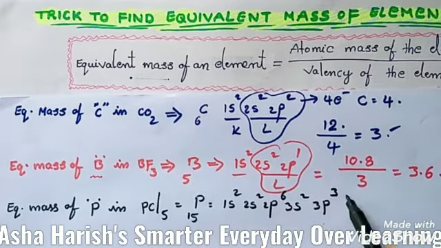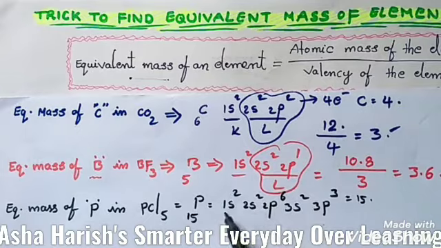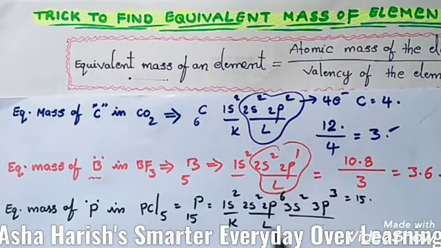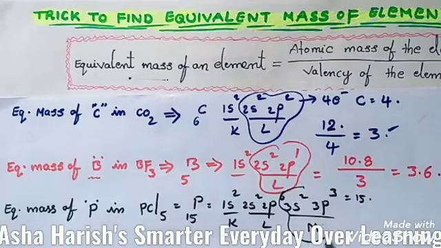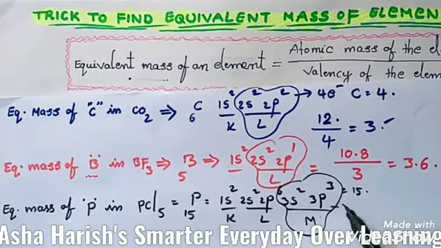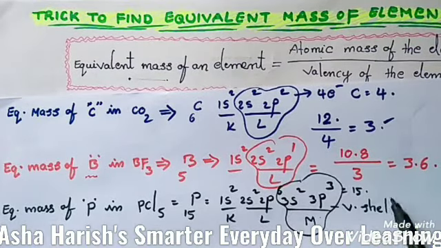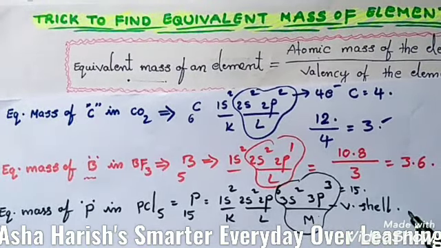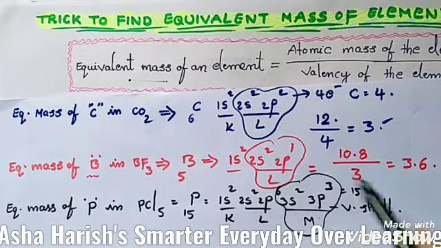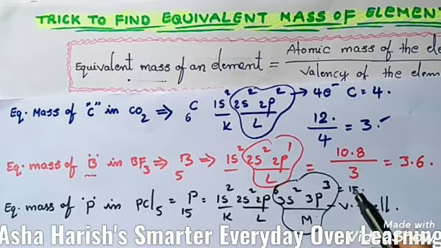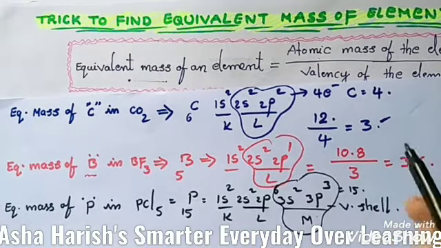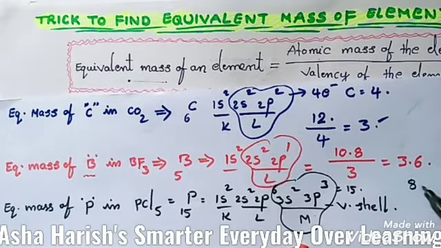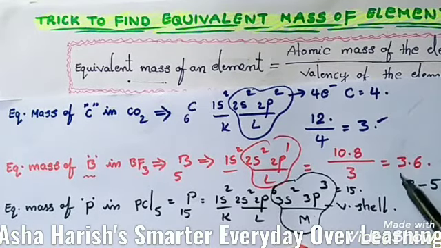If you count these electrons, you get 15. These are the first, second and third shells, K, L, M. The M shell is the valency shell, the outermost shell, and it contains 5 electrons. Now students, if you get this number 5, you subtract that 5 from 8. That is 3.